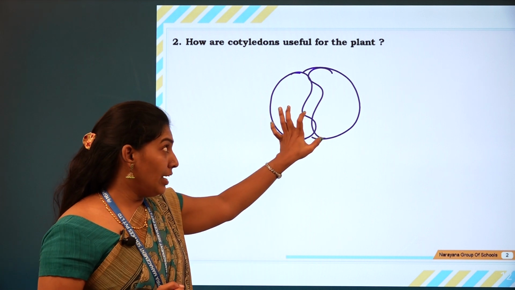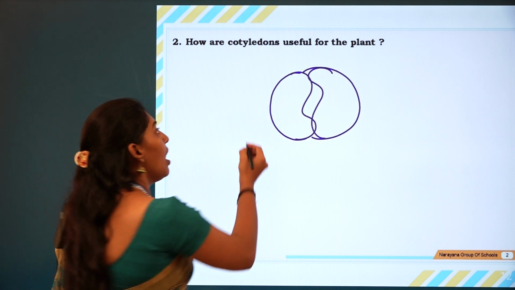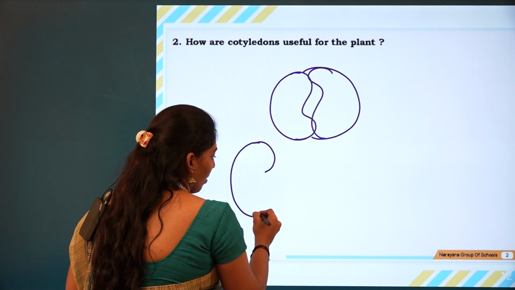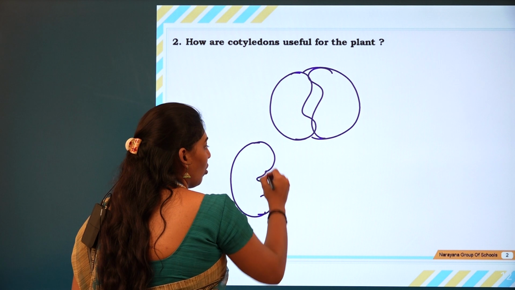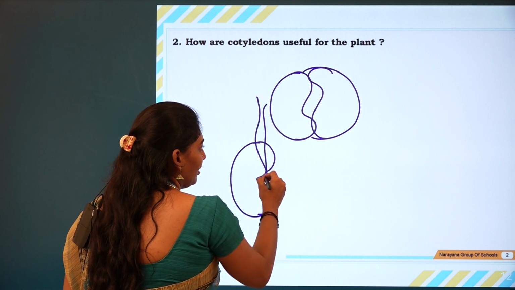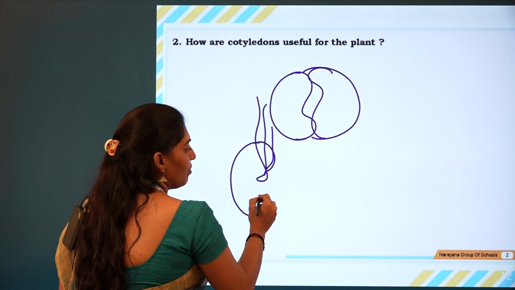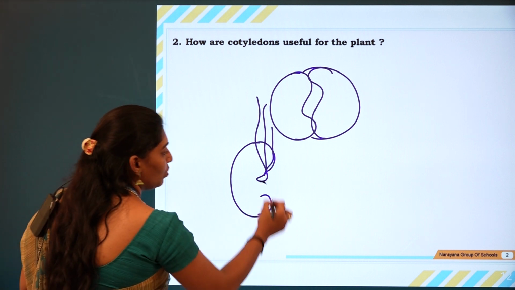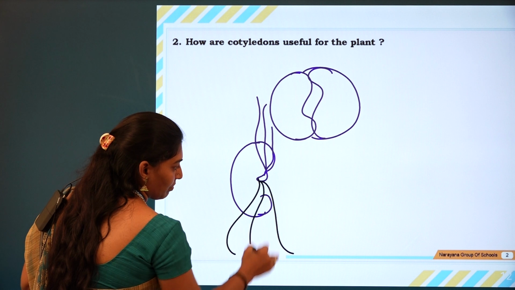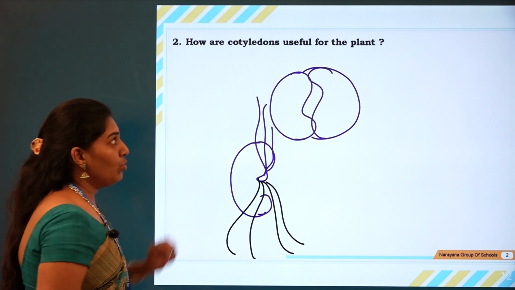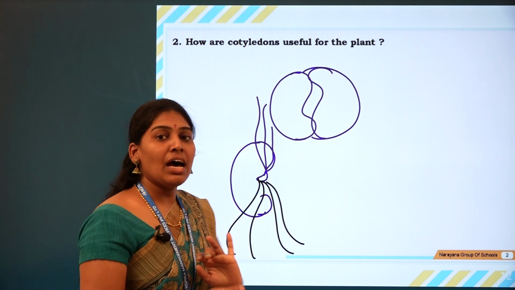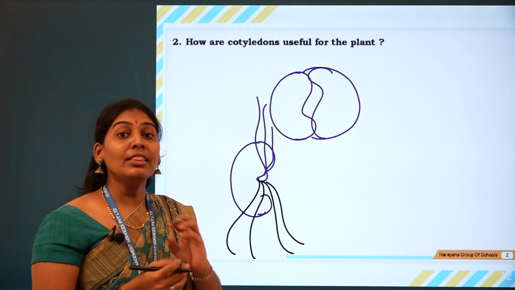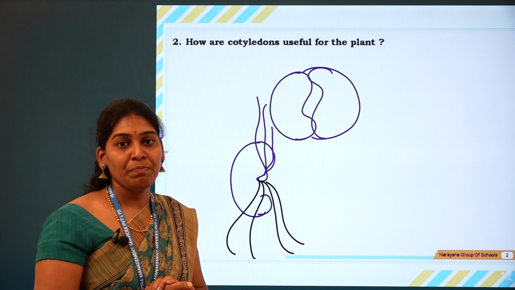And how are these cotyledons helpful for the plant? From the cotyledon the plant arises, and the roots also arise. These cotyledons are helpful especially in germinating seeds.